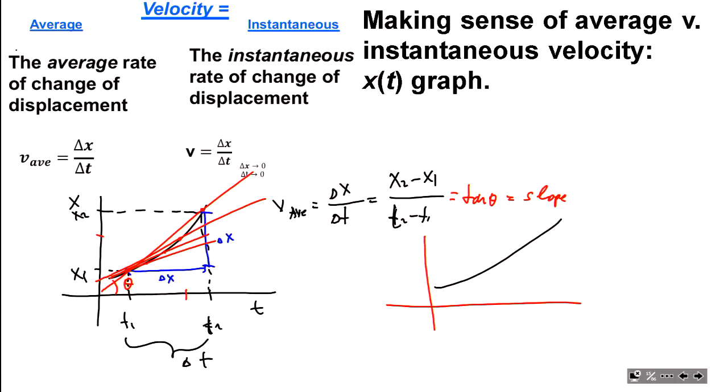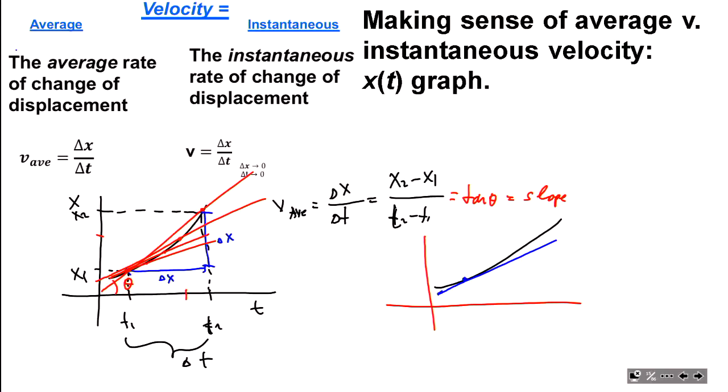A graph, two points which we cannot distinguish because they're so close to each other. So for us, identical, simultaneous, and a line which touches this graph at only one point. And how do we call this line? Tangent, or tangential.